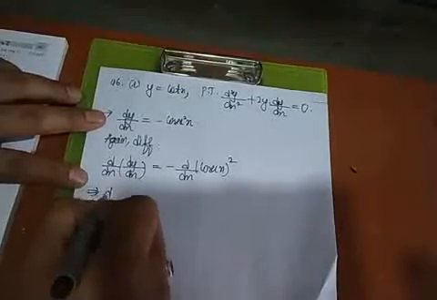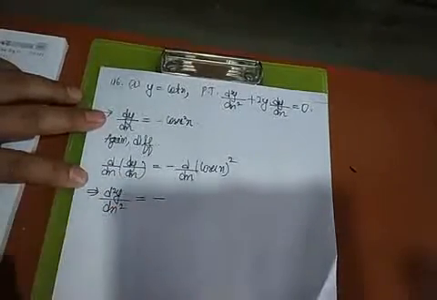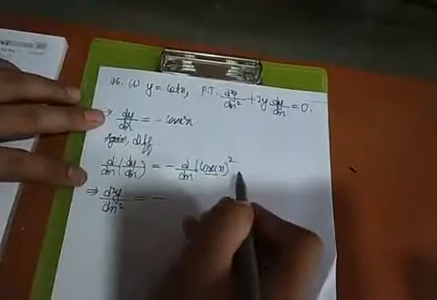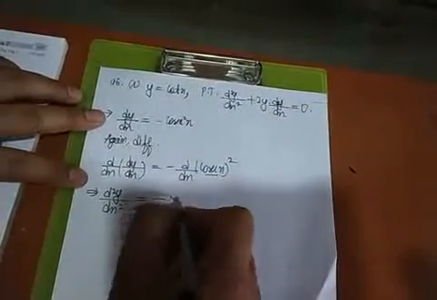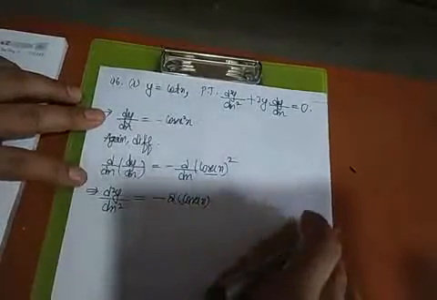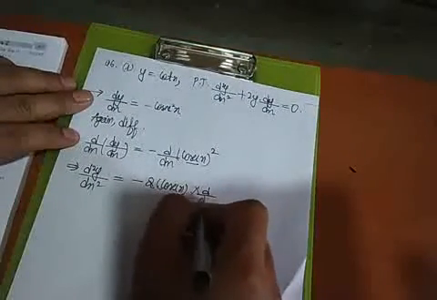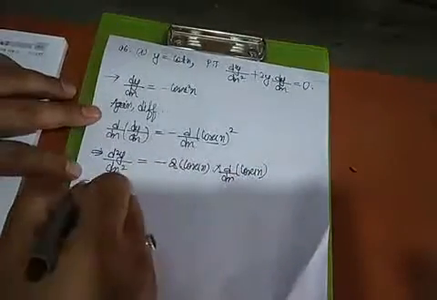So d2y by dx square is minus the differentiation of cosec x whole square, so I have to treat it as x square, isn't it? Therefore 2 into cosec x, and then the differentiation of cosec x, which is minus cosec x into cot x.